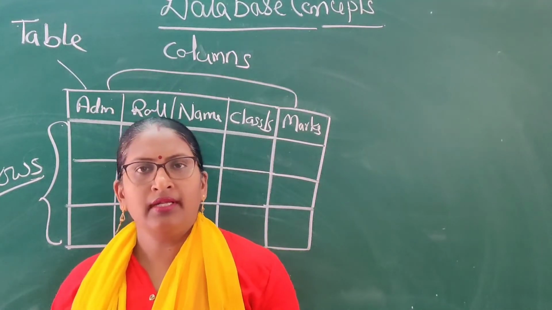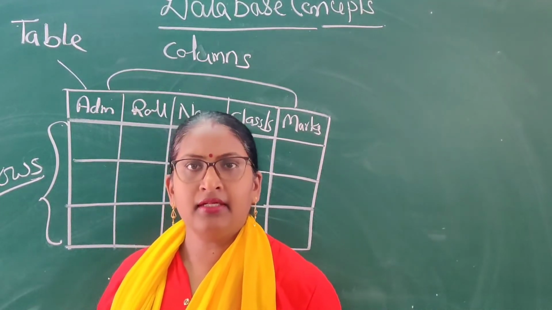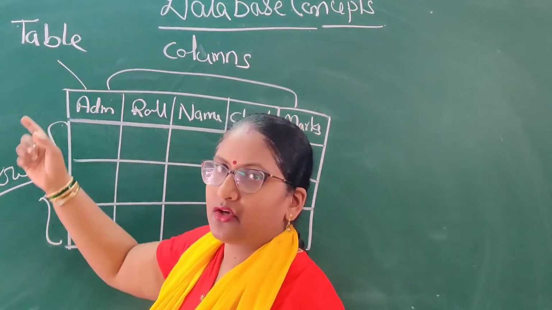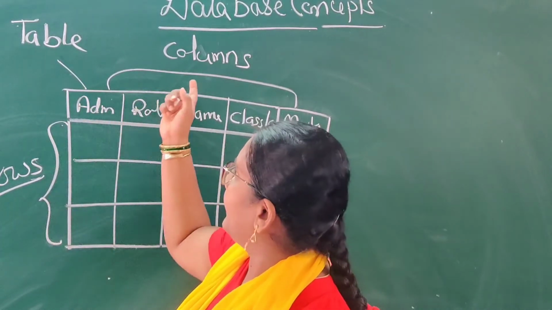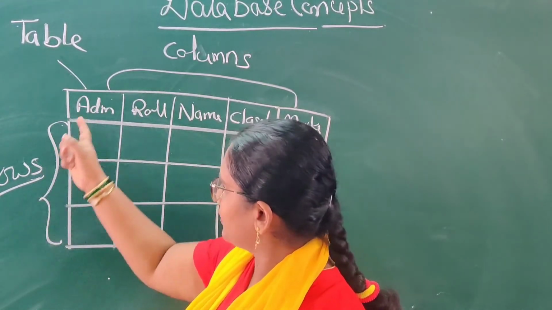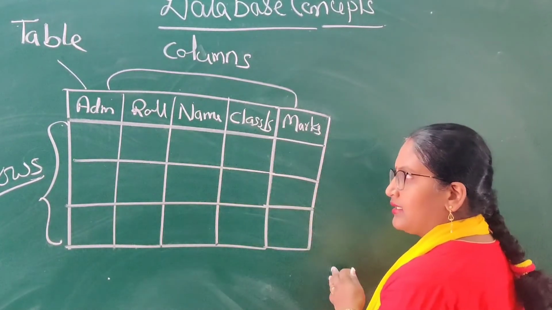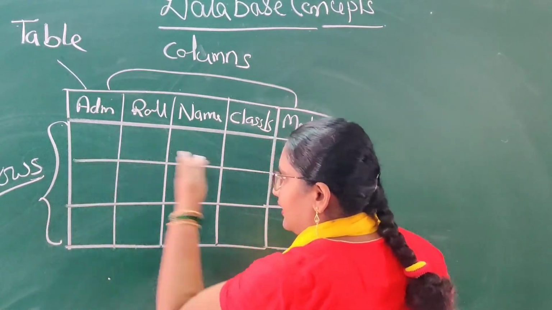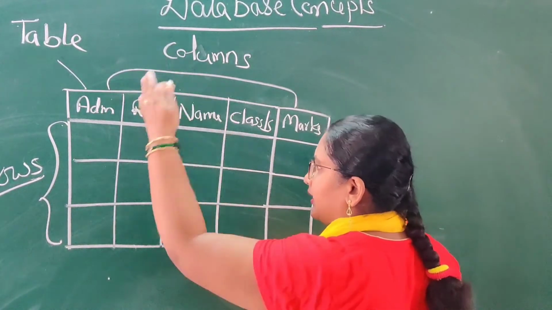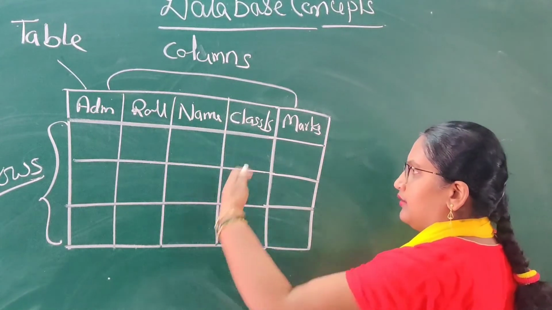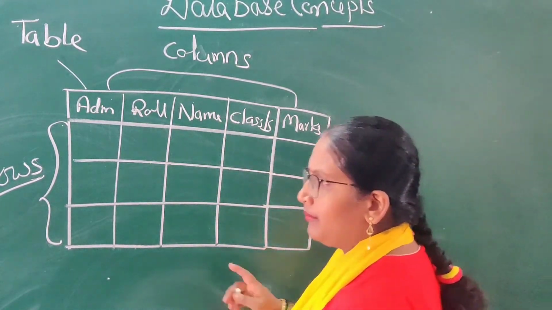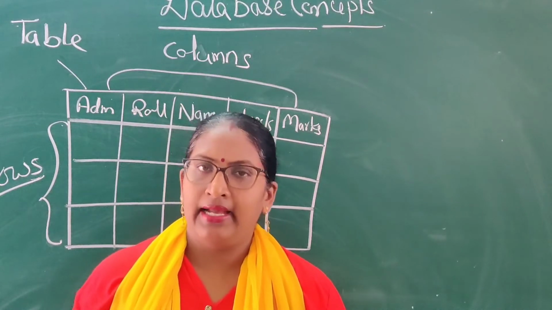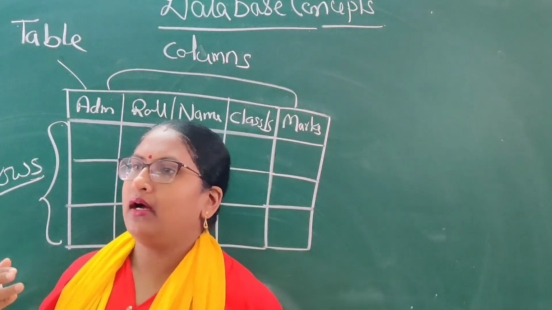Horizontal is the rows and vertical is the column. Combination of rows and columns is a table, and in the table you are storing data.